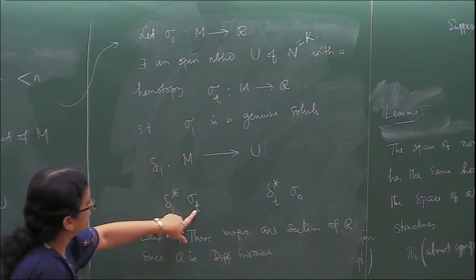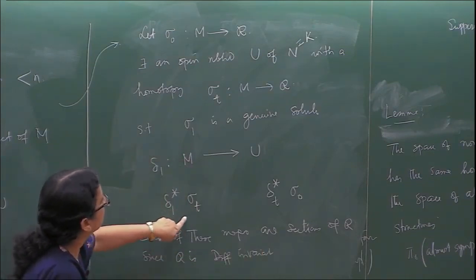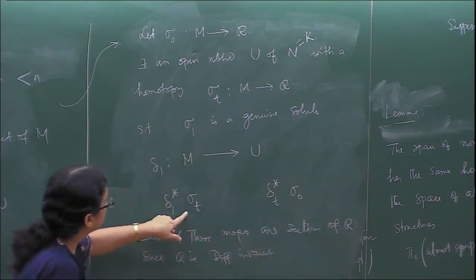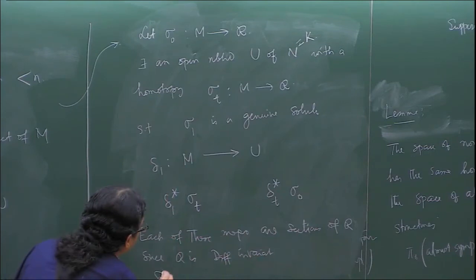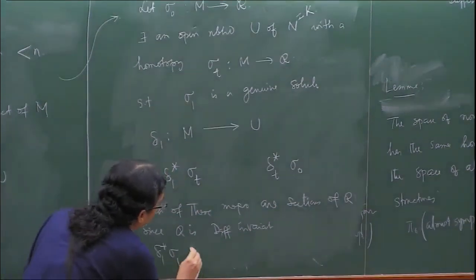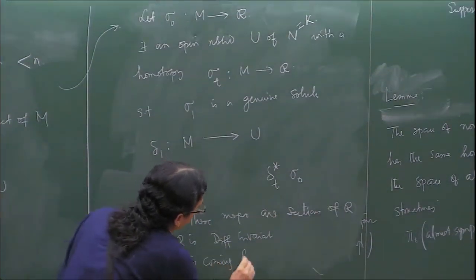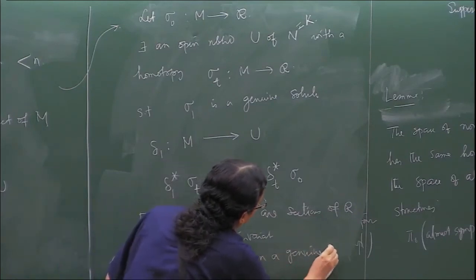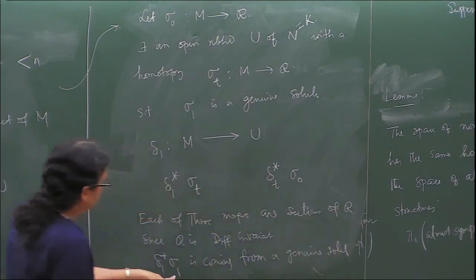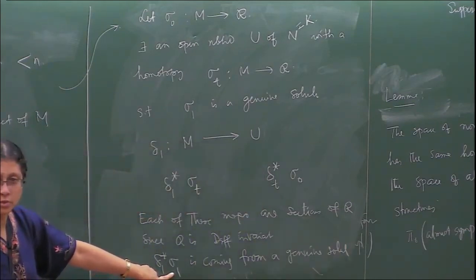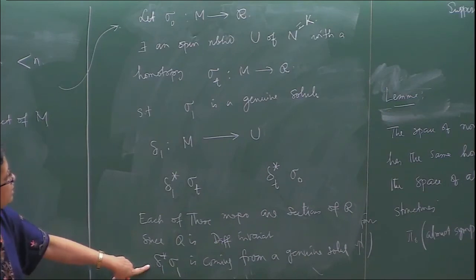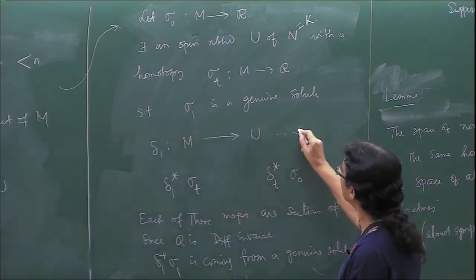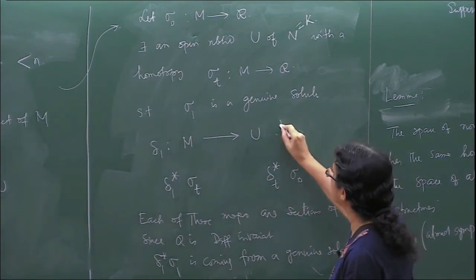Already sigma t was a section of R, so if you pull it back by some Diff action, that will also be a section of R. And note that delta 1 star sigma 1 is coming from a genuine solution, because sigma 1 was a genuine solution on U, and you are pulling it back by delta 1. What is delta 1 doing? Delta 1 is pushing everything into U, and here you have your sigma 1.